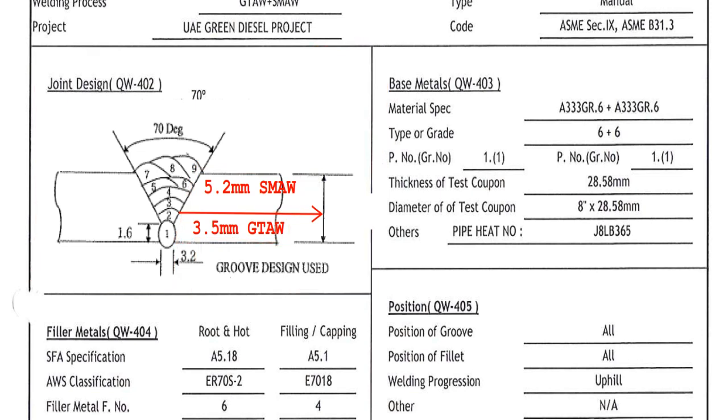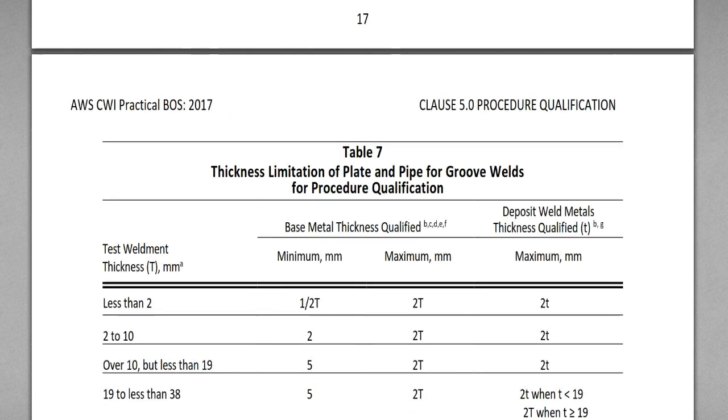So this thickness here is 5.2 plus 3.5, which is 8.7 millimeter. Then you go to table 7.